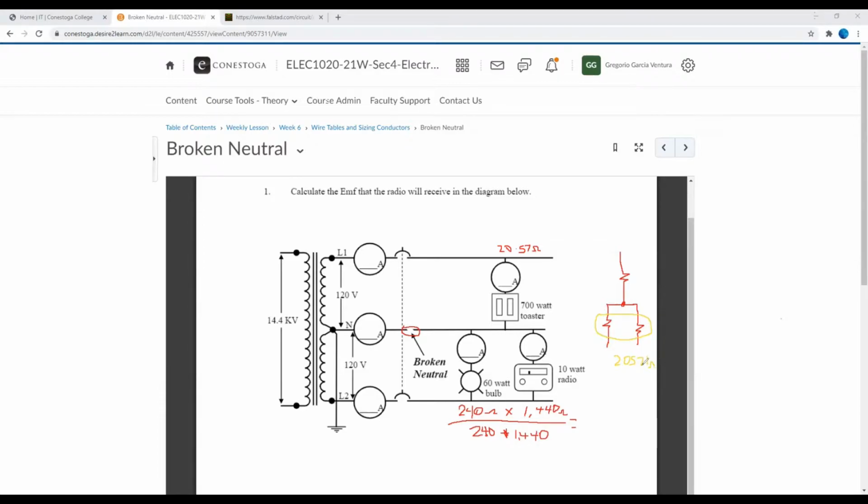Now that we have 205.71 ohms for these two loads, we add the other ohmic value, which is 20.57. So the total ohmic value for the circuit, between these two points, is equal to 226.28 ohms.